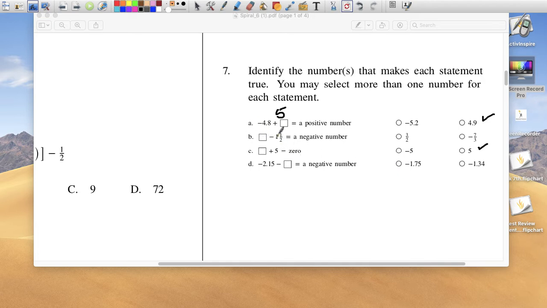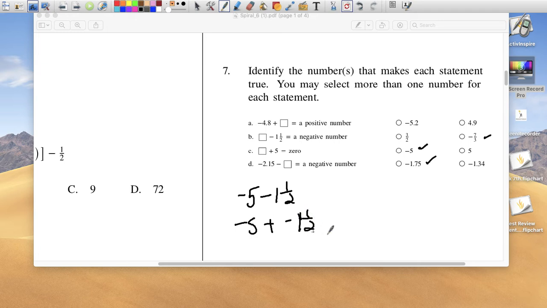So something minus 1.5 equals a negative number. So over here, I'm going to look for a number that's smaller than 1.5. How about a negative here? I can use anything that's negative, because if I get, let's use negative 5 as an example, negative 5 minus 1.5, it's negative 5 plus negative 1.5, right?